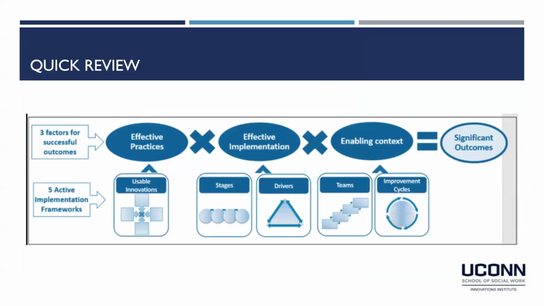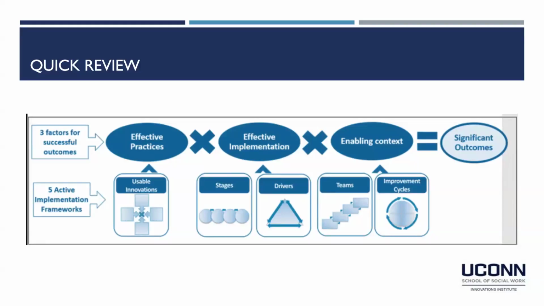In summary, our goal in this session was to provide an overview of how we can use principles of implementation science to support more effective implementation of the pyramid model specifically, as well as RBI and reflective coaching more generally. The first factor is effective practices, which includes the 3 EVPs of pyramid model, reflective coaching, and RBI.